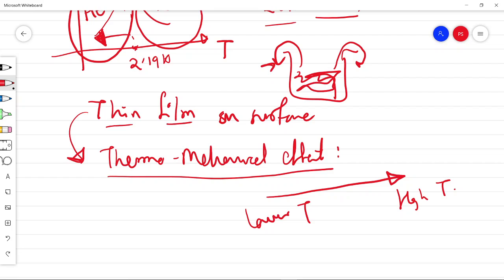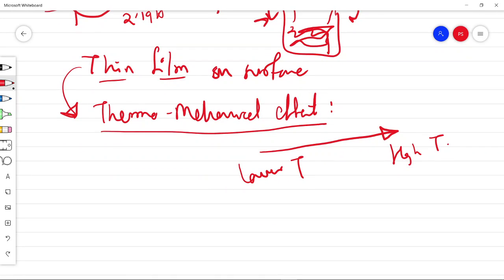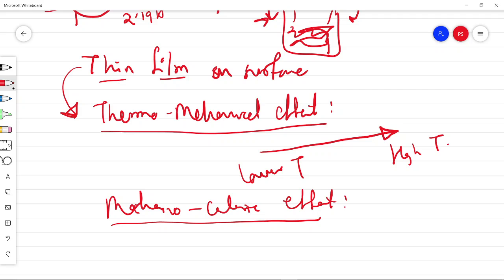An effect exactly converse of this is also possible, which is called the mechanocaloric effect, where exactly the opposite takes place.